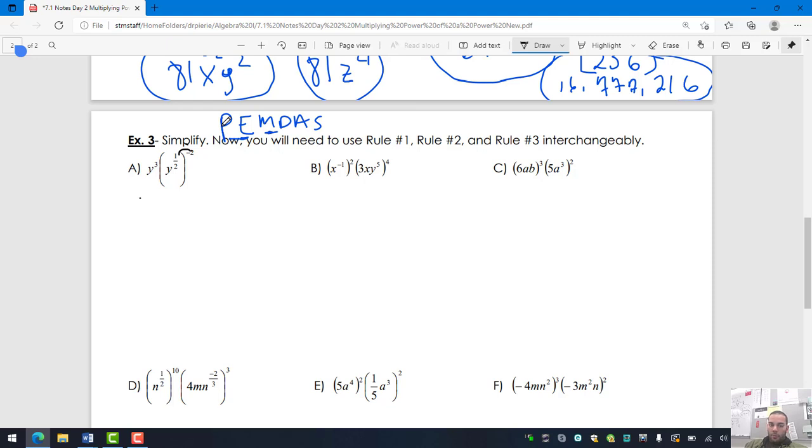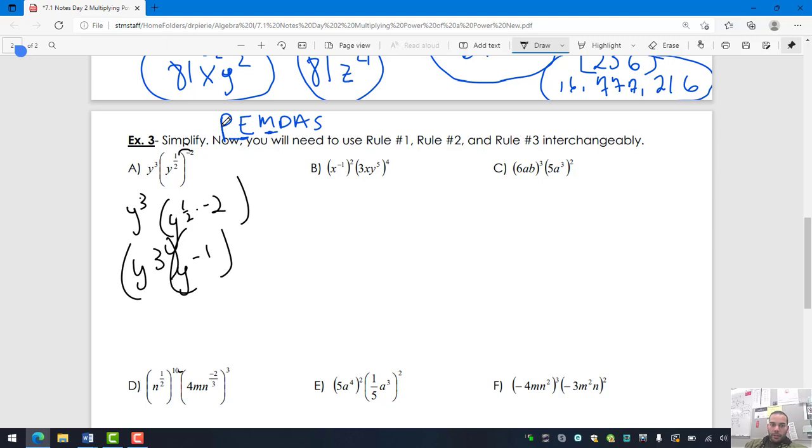So y to the 1/2 raised to the negative second power is the same thing as y to the 1/2 times -2, and when I simplify that, I should get y to the negative first power.